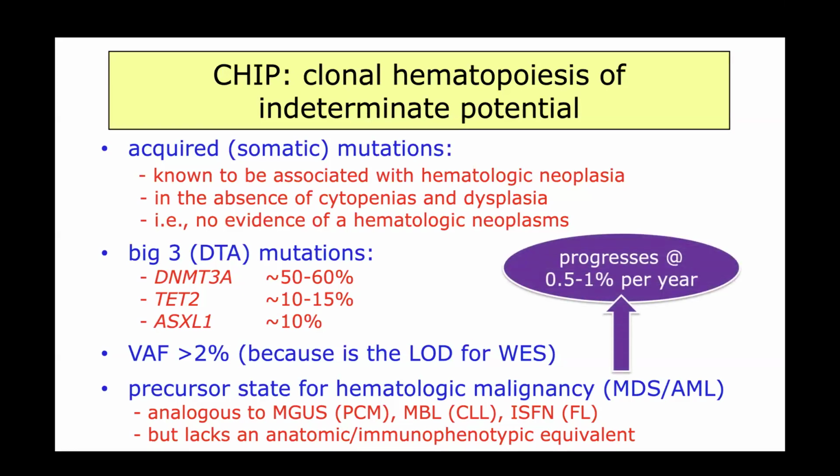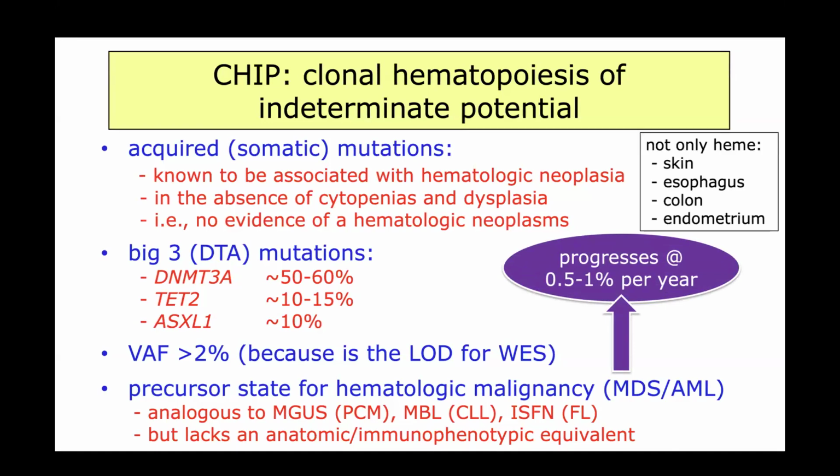The risk of progression to an overt neoplasm, be it MDS or AML, is relatively low, 0.5 to 1% a year. And since these manifest usually in elderly patients, and although they obviously have an increased risk for hematologic malignancy, this only afflicts a minority of patients with CHIP mutations.